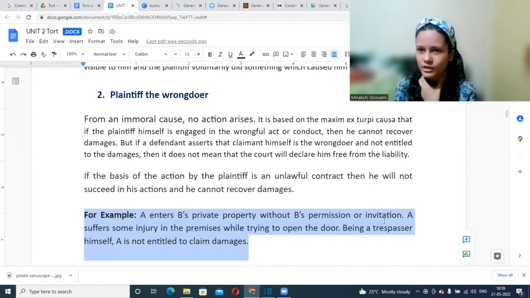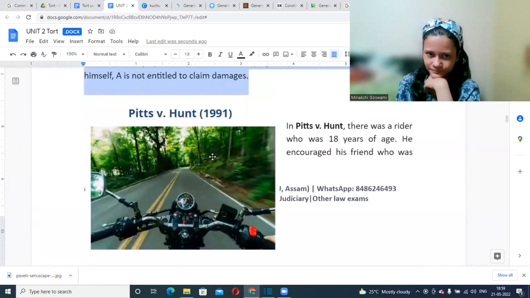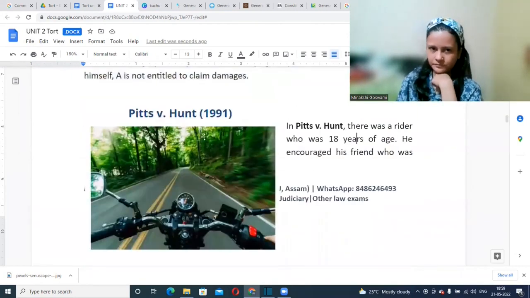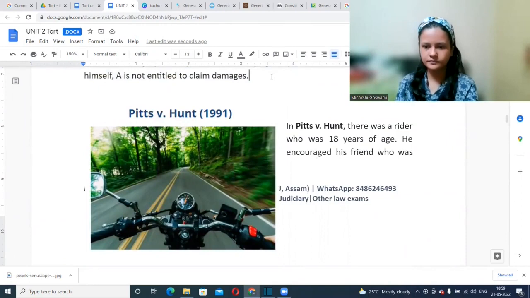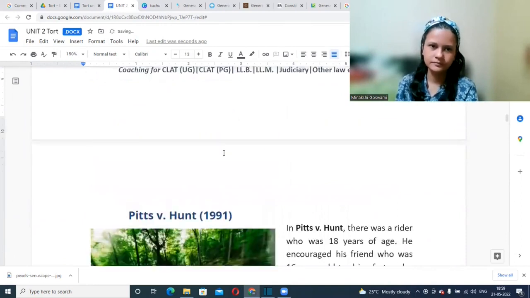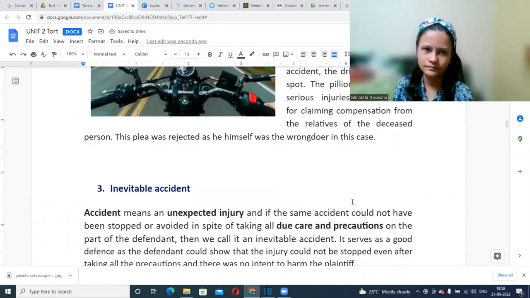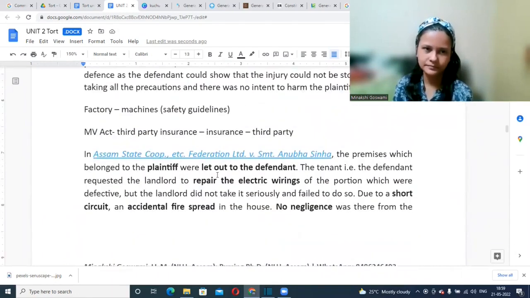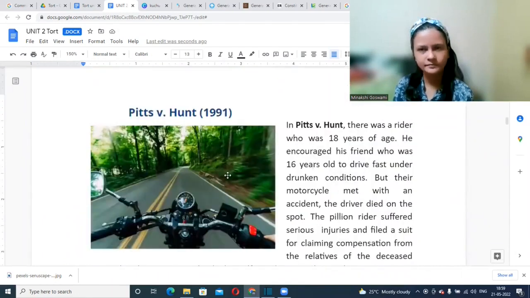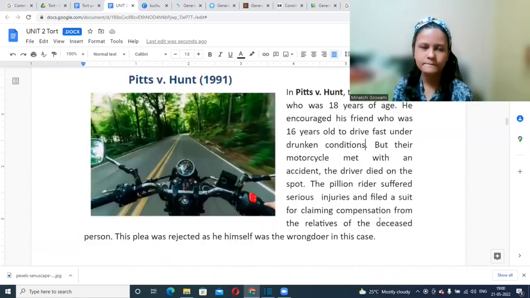So I'm not responsible for it because plaintiff was the one who was doing the wrong. Is it clear? Yes, ma'am. It is just like somebody entering my home without my permission or without my consent or without my awareness, and my dog will bite him inside my home. Yes, the same, ma'am. Same situation. The same thing, yeah.